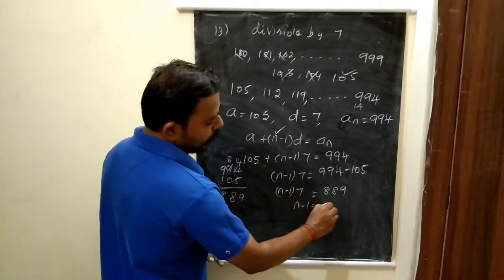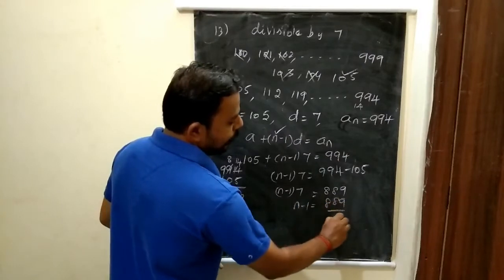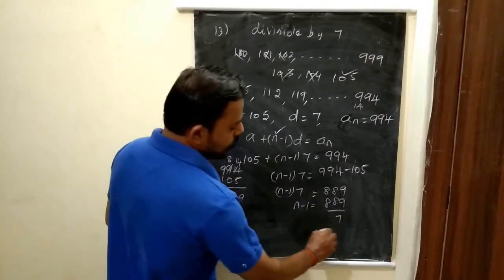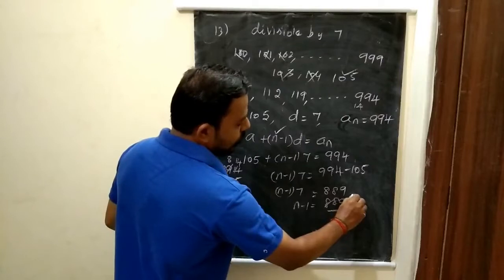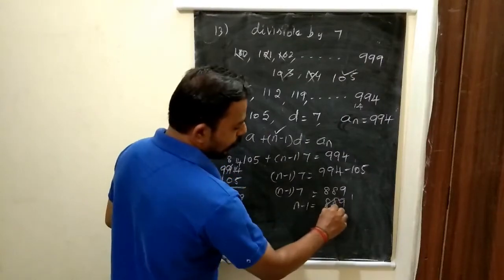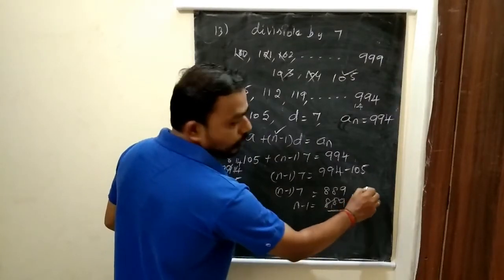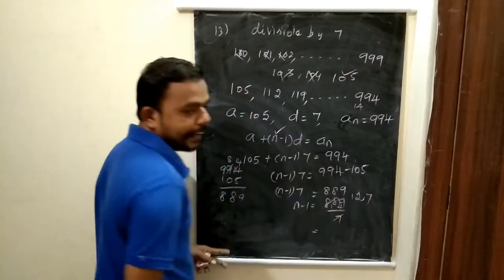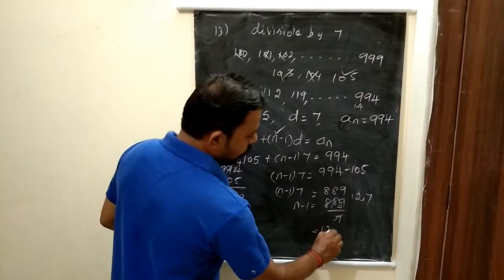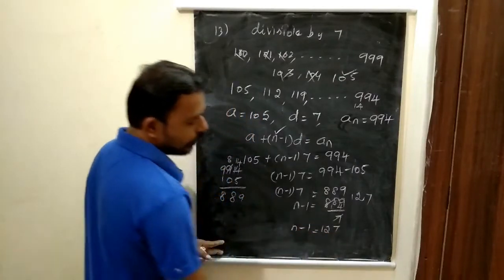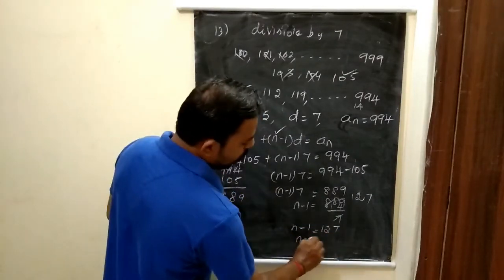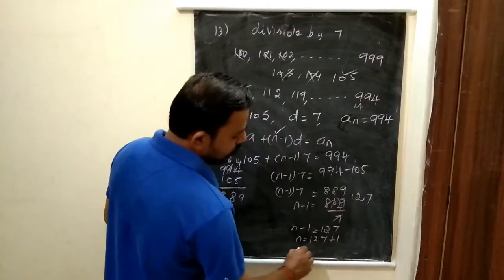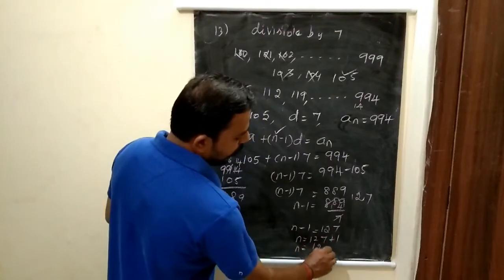So n minus 1 equal to 889 divided by 7. Divide by 7: 1 7s are 7, remaining 1. 2 7s are 14, remaining 4. 7 7s are 49. So 127. So n minus 1 equal to 127, so n equal to 127 plus 1, that is n equal to 128.